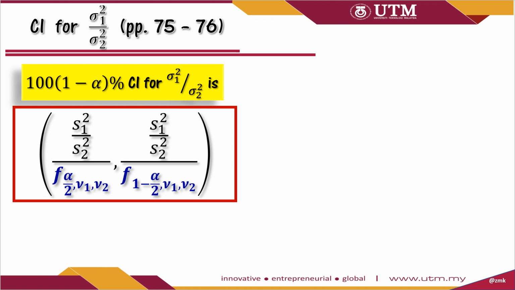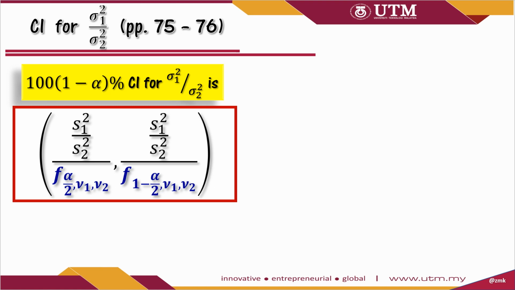We can clearly notice that the point estimate of sigma 1 squared over sigma 2 squared, which is s1 squared over s2 squared, is in the numerators for the lower and upper limits of the confidence interval. We can also see that the denominators in both lower and upper limits of the interval are the f-scores, where we use f alpha over 2 nu1 nu2 in the lower limit, and we use f 1 minus alpha over 2 nu1 nu2 in the upper limit.